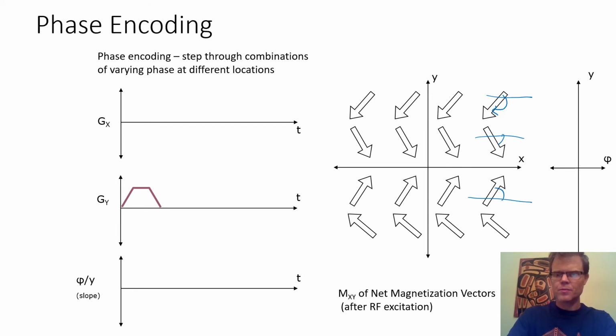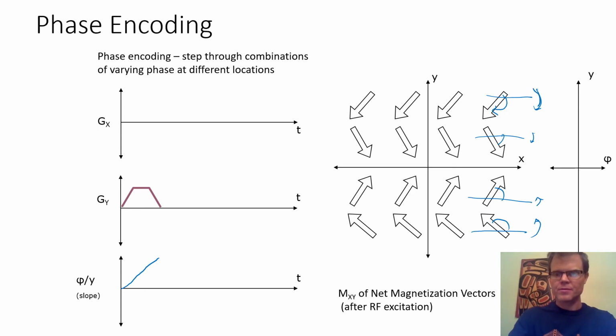Again, the rate of rotation here is high frequency at the edges in y, lower frequencies toward the center of y, but we increased the magnetic field gradient, which has the effect of increasing the amount of phase accumulation. So there's more frequency across the same range.